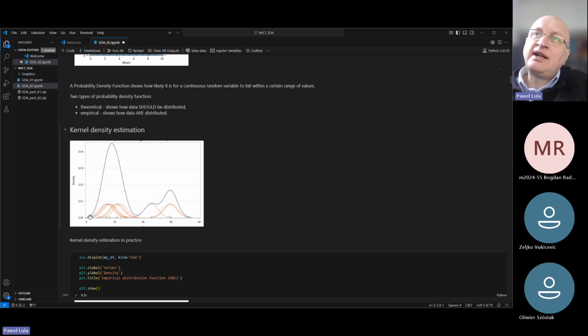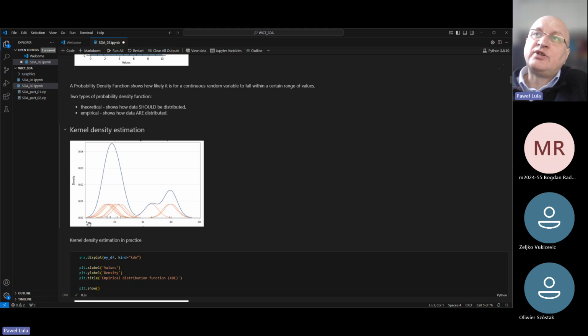So the shape which we have under this blue line, the area of it always is equal to 1. It is a necessary condition for interpretation of the area for a given range as a probability.